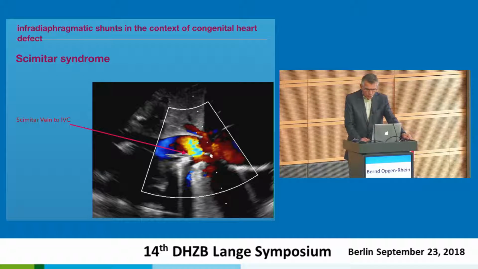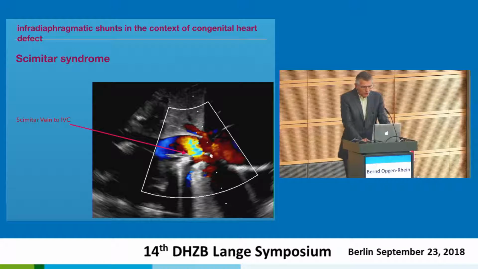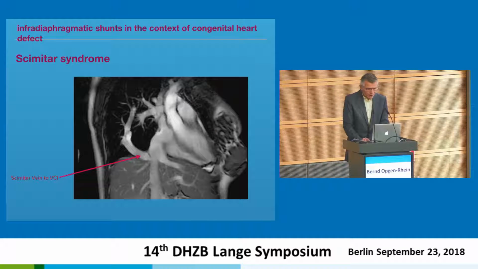As this Scimitar connection can easily be found by echocardiography, but the detailed anatomic course of the right pulmonary veins is not seen by echo, we need different diagnostic procedures like MRI, which works very nicely, like in this case.